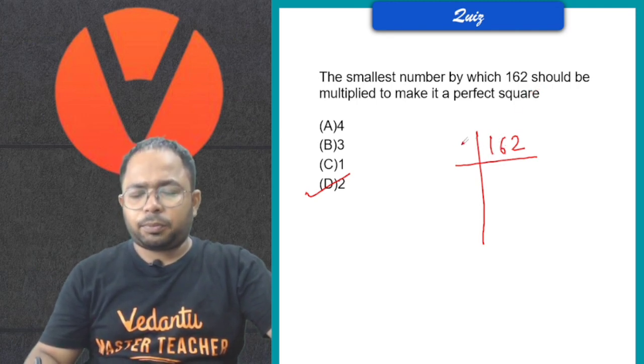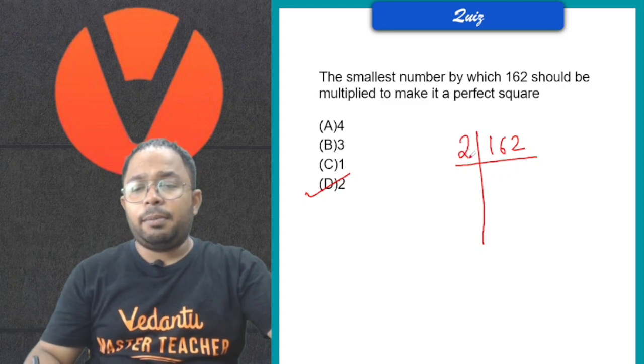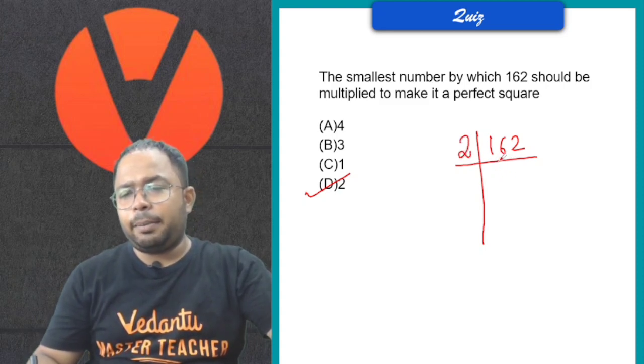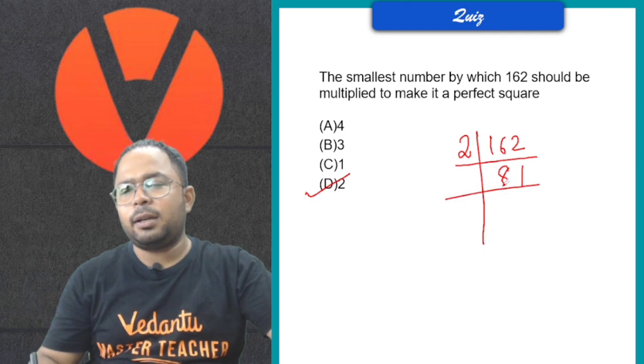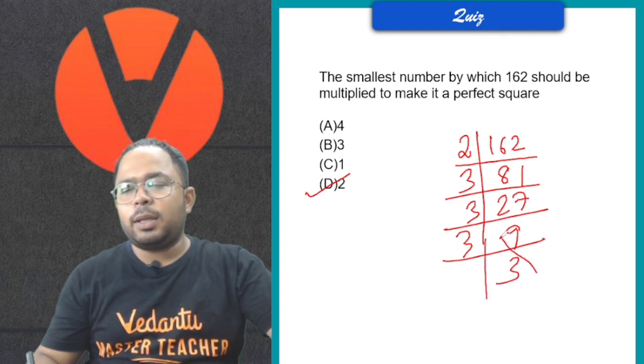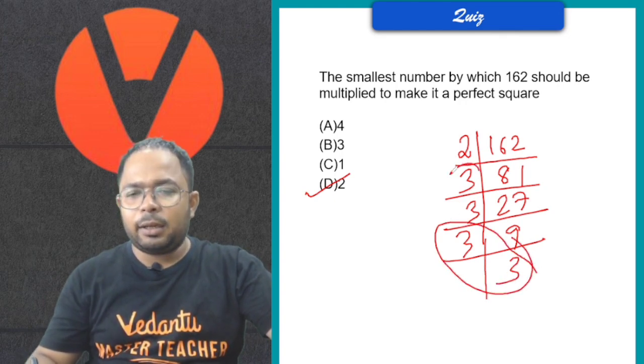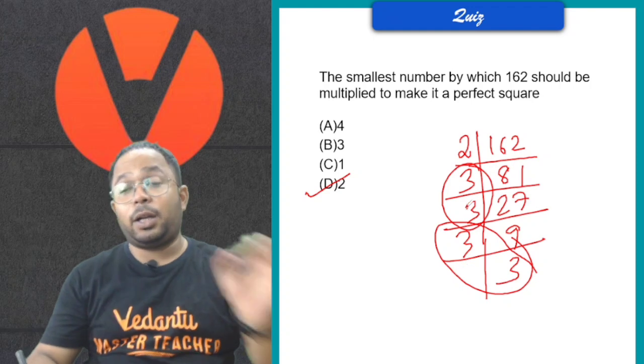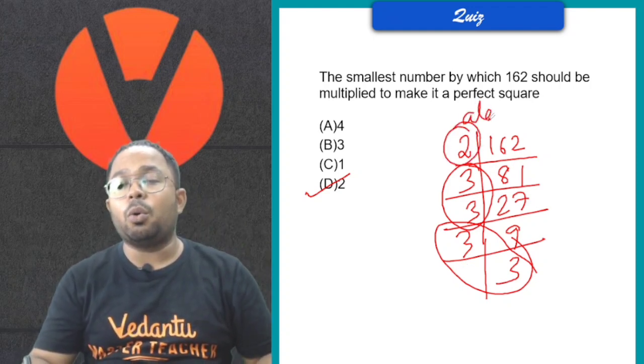So we'll divide it by 2 as a prime number. 2 8s are 16, 3 27s are, 3 9s are, 3 3s are. So once again we can see pairs are being formed, but 2 is remaining alone.